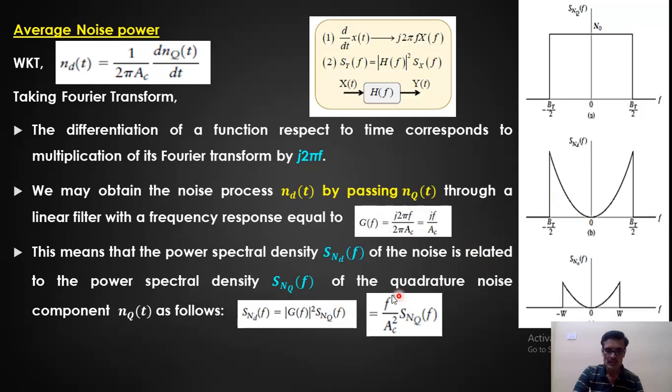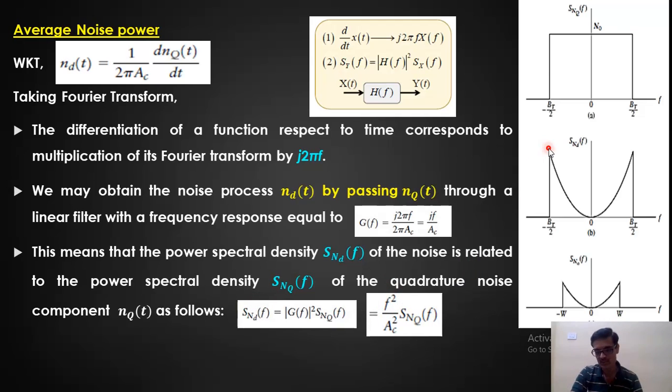Now, if I substitute different frequencies, say f equal to 0, what is S_nd(f)? If f is equal to 0, S_nd(f) is also equal to 0. If f is say 1 hertz, 2 hertz, or whatever, and I go on increasing the frequency, positive or negative, S_nd(f) increases as the square of the frequency, right?